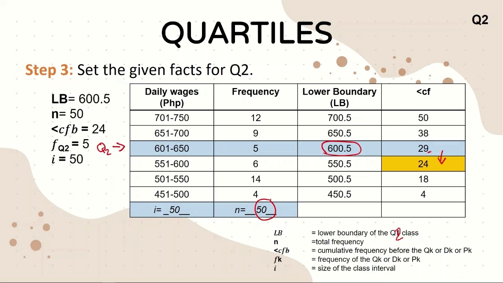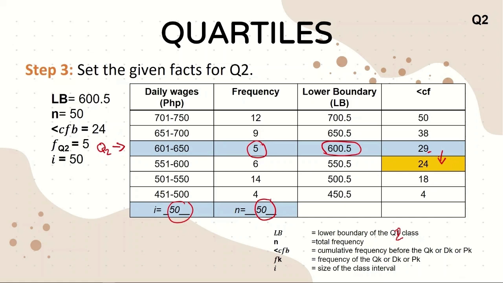And the frequency of quartile 2 is 5. The class interval is 50. So that is what is needed for our step 4.